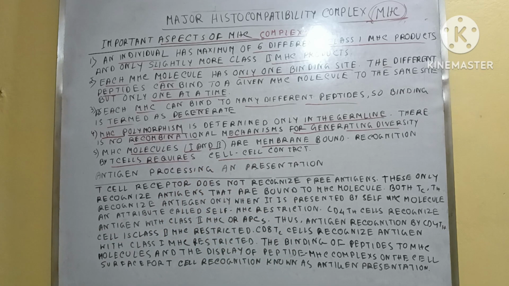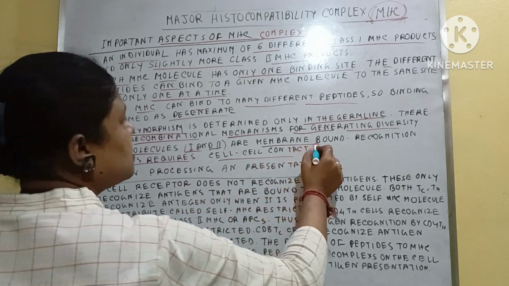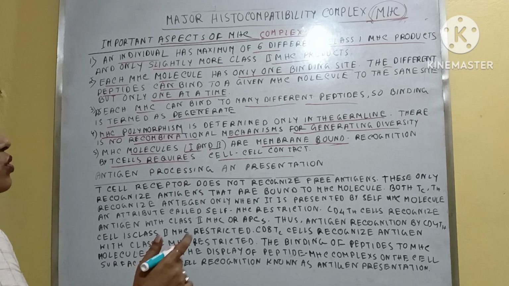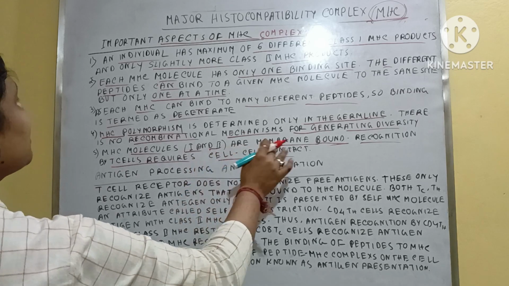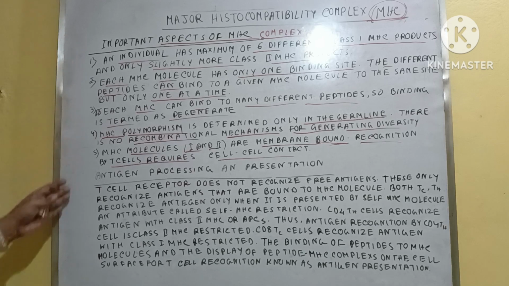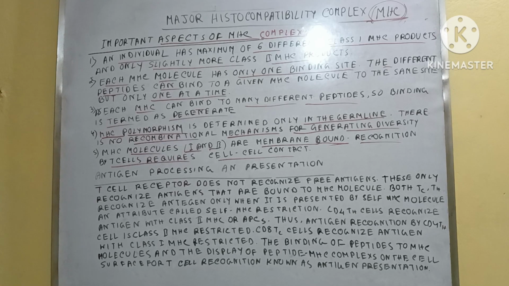Since these are bound with the membrane, recognition by the T cell is possible only if cell-cell contact is possible. So these are the important aspects of the MHC complex.